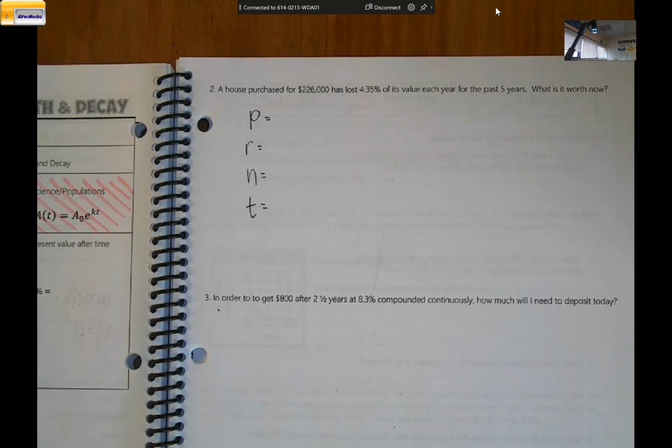Fill in the letters that you know. About 30 seconds. About 10.